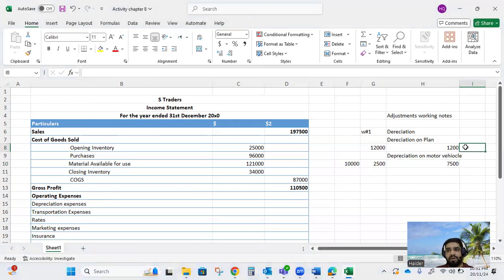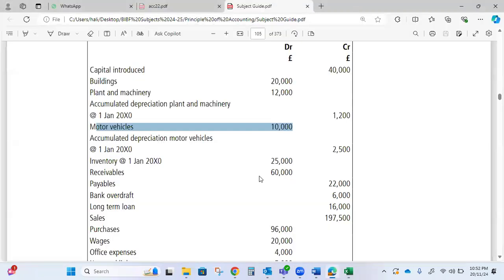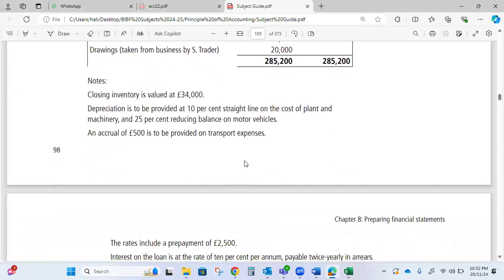Now it's time to calculate the depreciation on motor vehicle. Because it is based on the diminishing method, we will use this 7,500 as the value for depreciation. It is 25% as given in the question statement. So depreciation on motor vehicle is 25% on the reducing balance method.